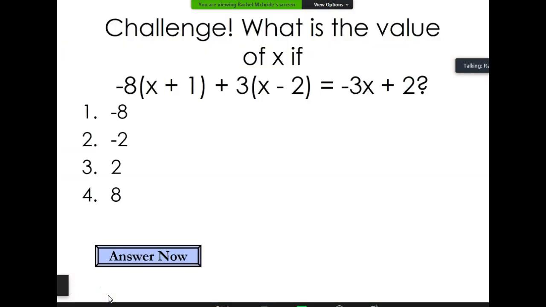Okay, challenge. Hold up a 1, 2, 3, or 4 once you got your answer. All right, Logan, thank you. I got your answer. Nevaeh, I got yours.